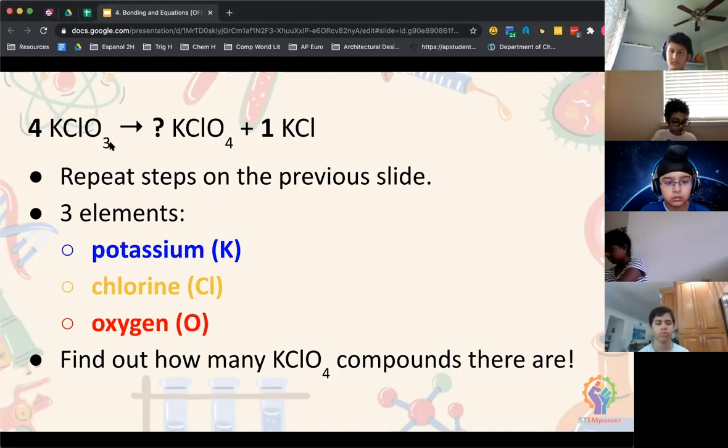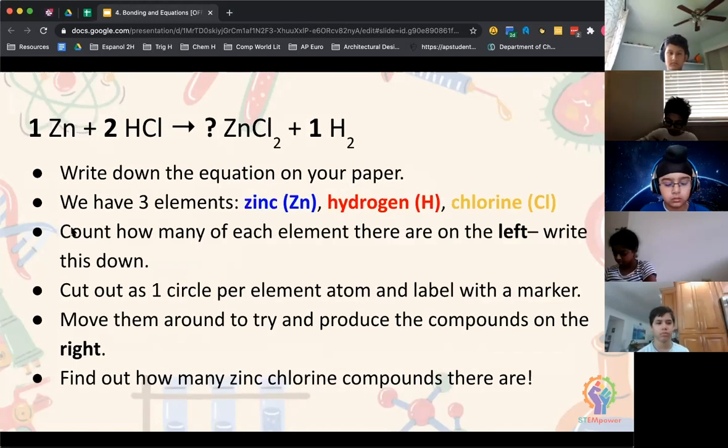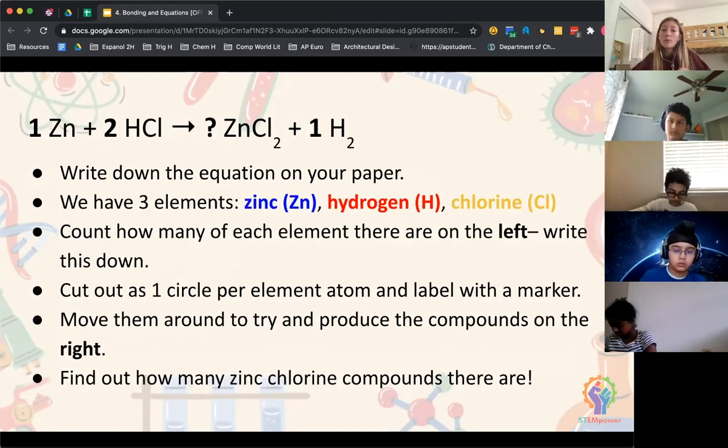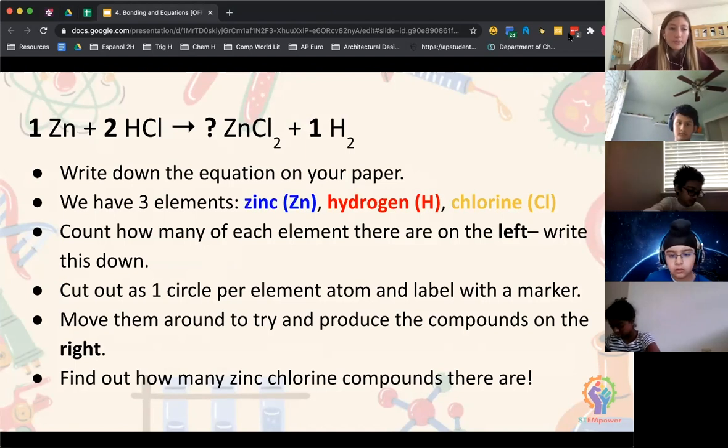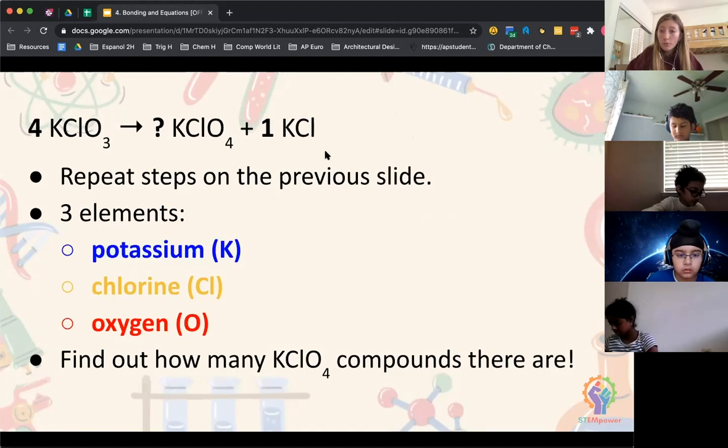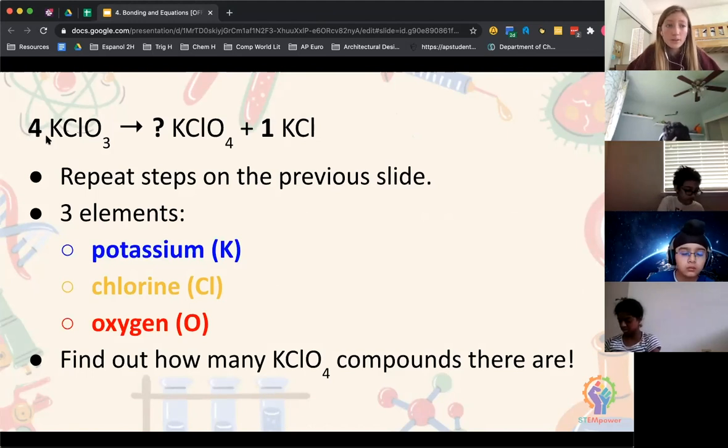Okay, so here we'll go back on the other steps. So basically what we're doing is we are just counting out how many of each atom there are, right? So within the equation, we learned that this 4 means that there's 4 total of these, right? So that means that there's 4 potassiums, 4 chlorines, and 12 oxygens on the left side of the equation.